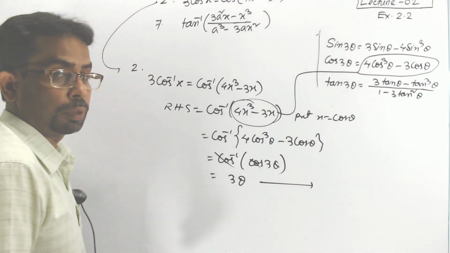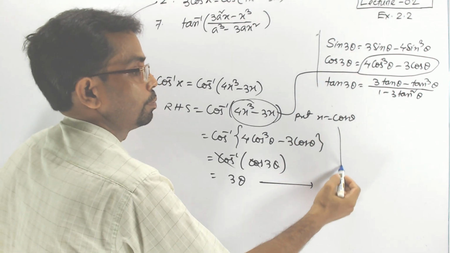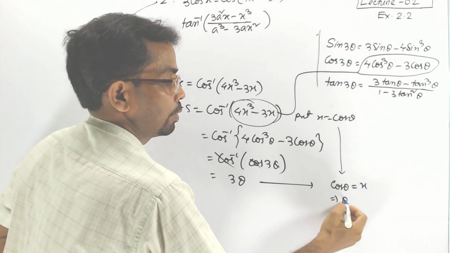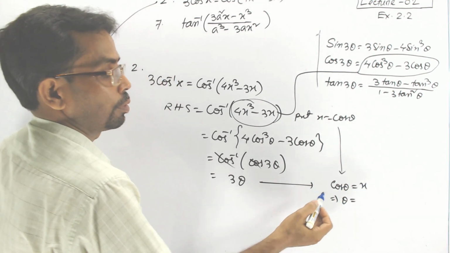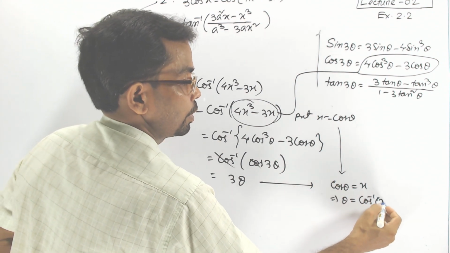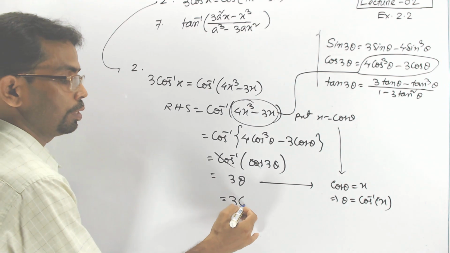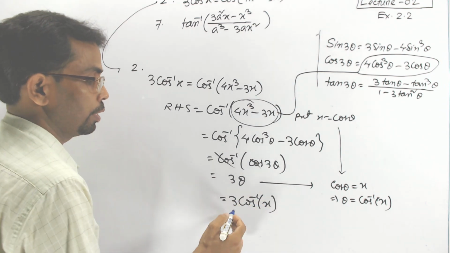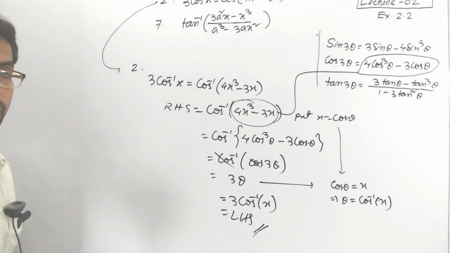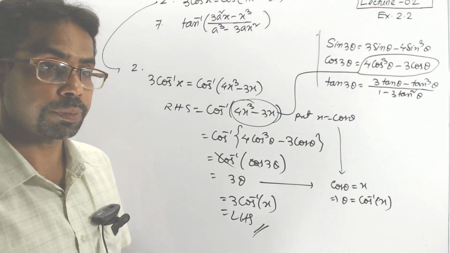Then theta must be removed. We have taken cos theta for x, so theta will be cos inverse of x. So it is 3 cos inverse of x, which is the LHS, and this is the complete solution for this question.